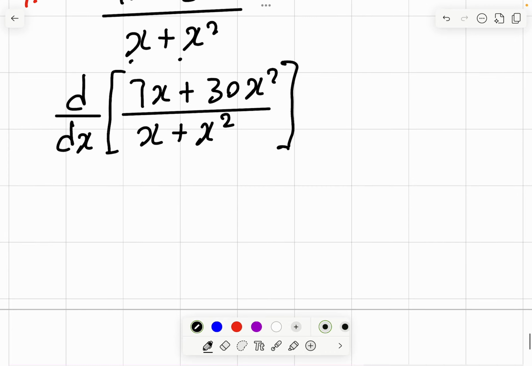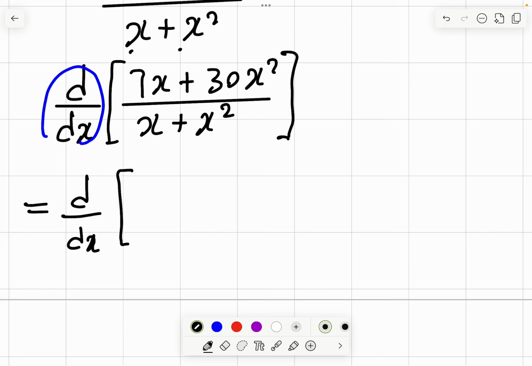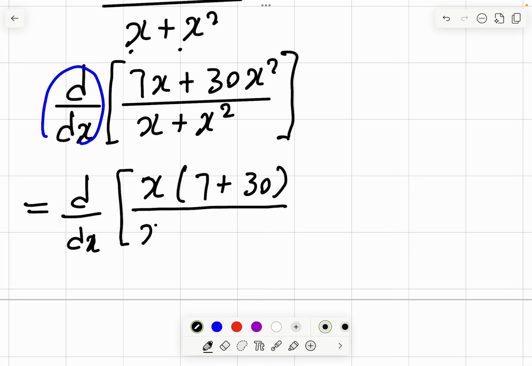If you are still simplifying and have not yet started deriving, you must not remove this d over dx. For example, let's say I'm simplifying. I have not yet started deriving, and I can rewrite my thing by removing the common factor of x. I'm going to have x into 7 plus 30x, all divided by, removing the common factor of x, 1 plus x.